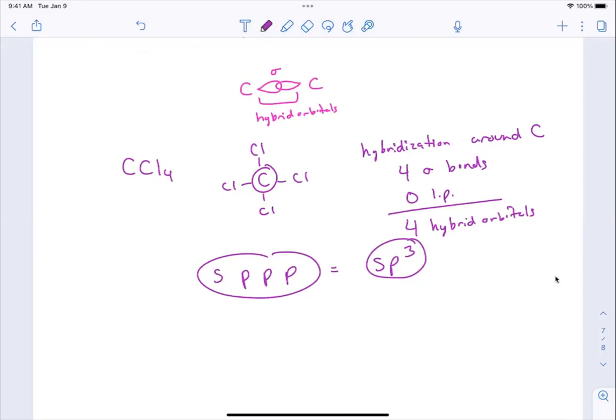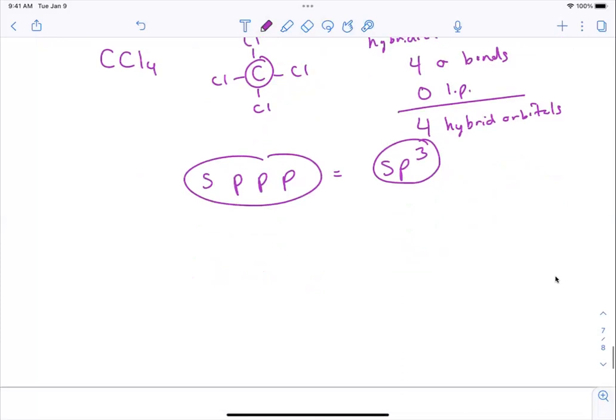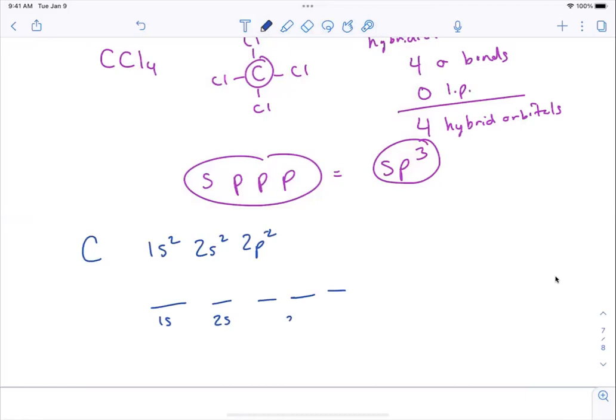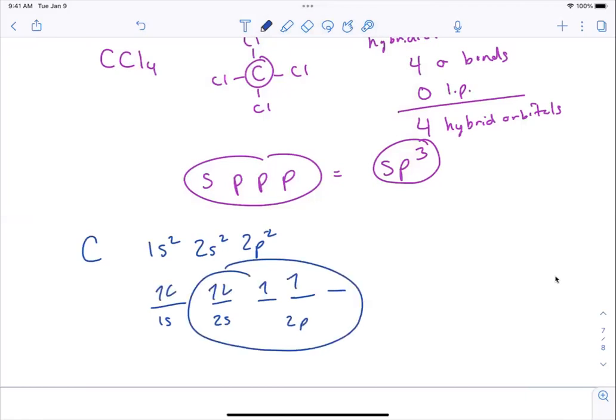Okay, so I want to harp upon that this helps explain why carbon, which is 1s2, 2s2, 2p2, doesn't make much sense to bond 4 times because it already has 1 lone pair and 2 single electrons to share. But what happens is carbon hybridizes them into sp3, so now the 4 electrons can equally distribute and bond 4 times.